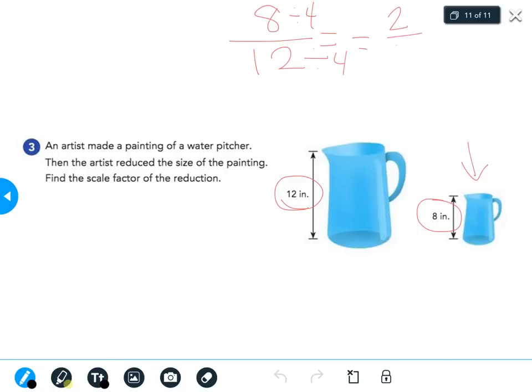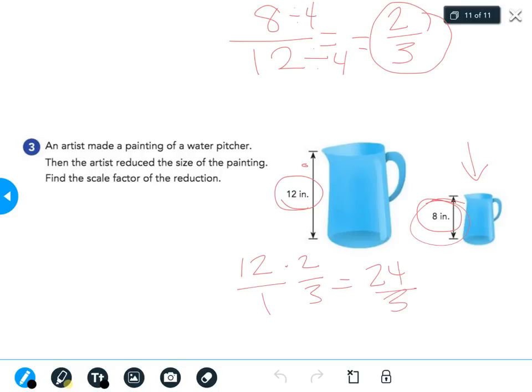We get 2/3. So our scale factor here is 2/3 because if I do 12 times 2/3, I get 24 over 3, which equals 8. That's what I want. What do I multiply this by to get to this?